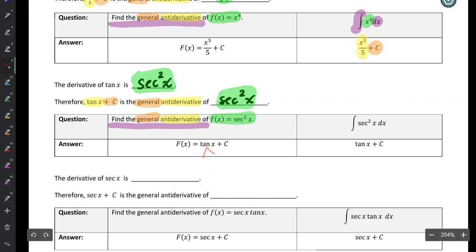Oh, the derivative of tangent is secant squared, so the derivative of tangent plus any constant will be secant squared. Instead of doing this question and answer this way, we're learning this indefinite integral notation. Those symbols that I just highlighted in purple are provoking in me a question. The derivative of what function is secant squared? Oh, the derivative of tangent is secant squared. And moreover, the derivative of tangent plus any constant is secant squared.